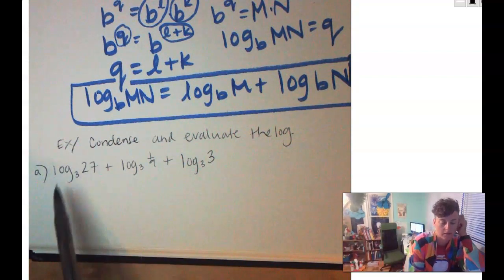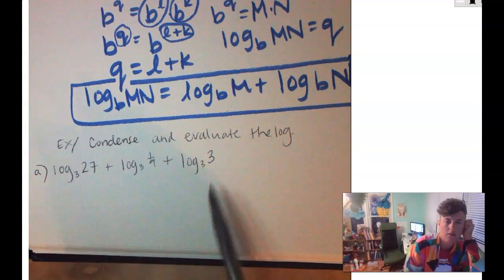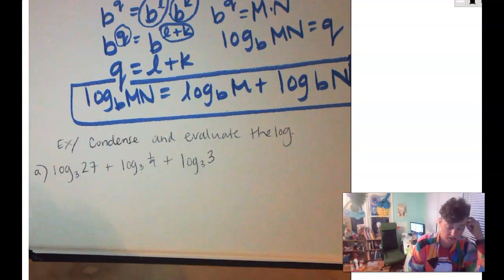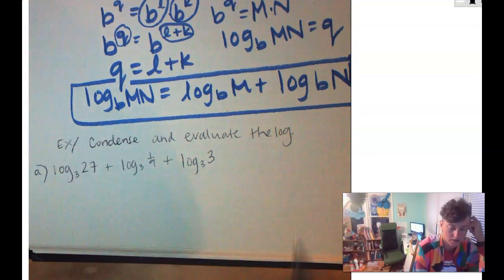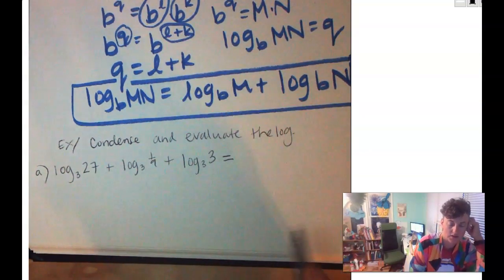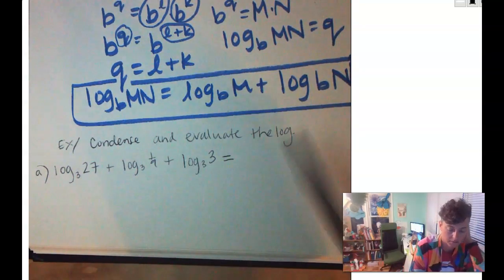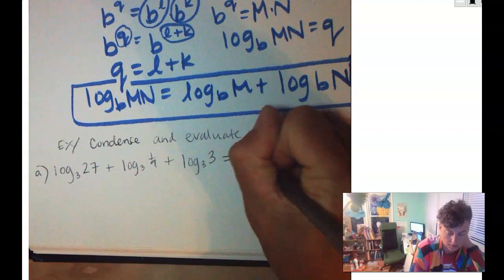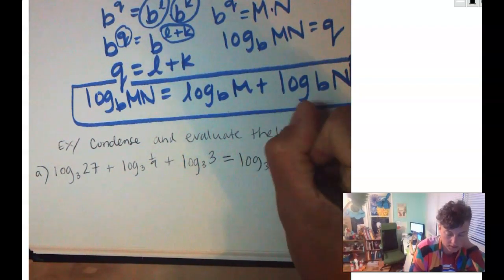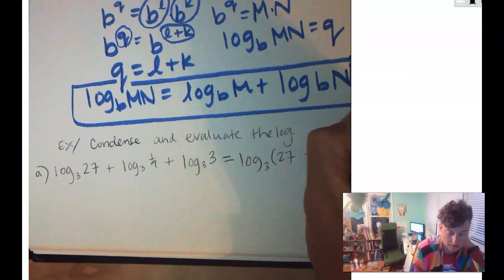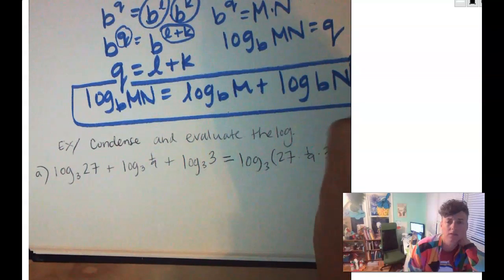All of them have a base of 3, which means we can put them all together. Just like our rule says, we're going to take these numbers and multiply them. So we'll have log base 3 of 27 times 1/9 times 3.